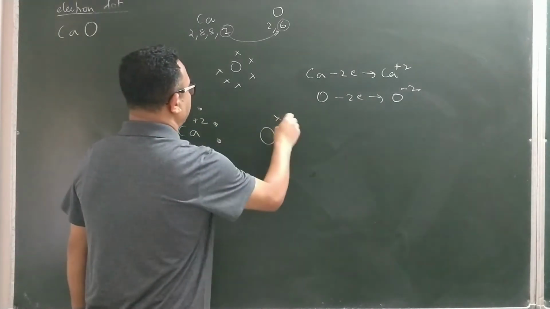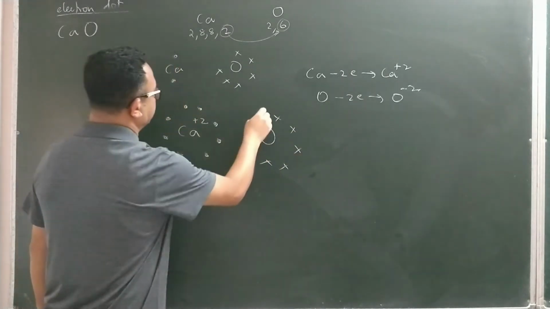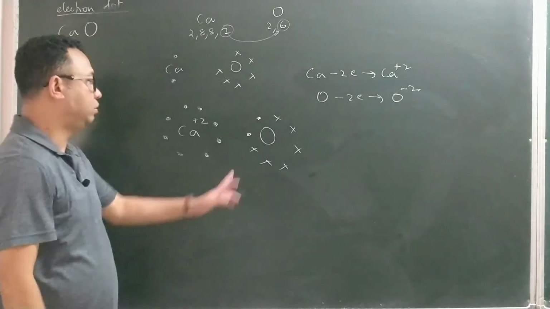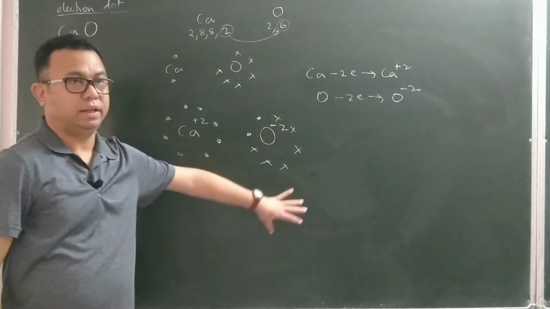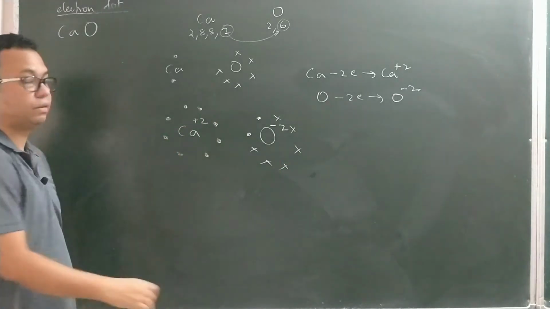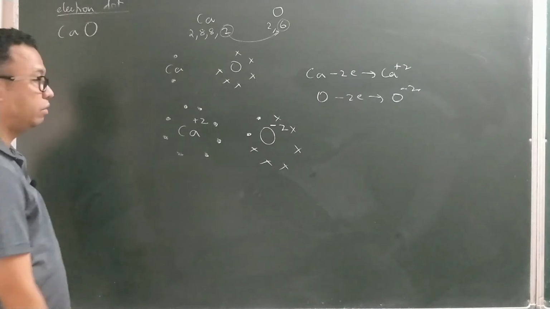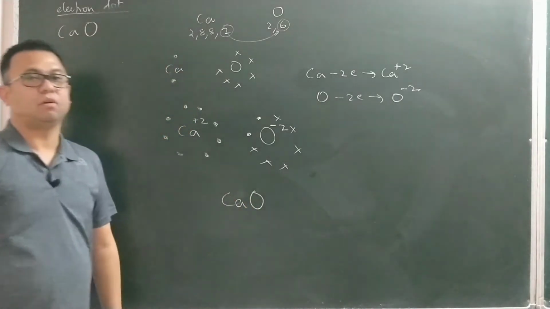Oxide already had 6, and 2 electrons from calcium got transferred, so now this is also a stable configuration, 8 and 8. Now, oppositely charged, very strong force of attraction. That is what you call an electrovalent bond or ionic bond, and calcium oxide is formed this way.